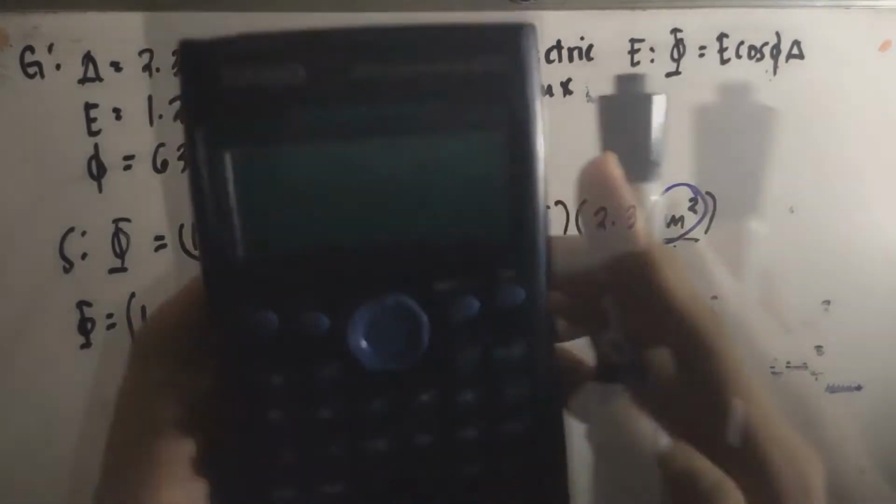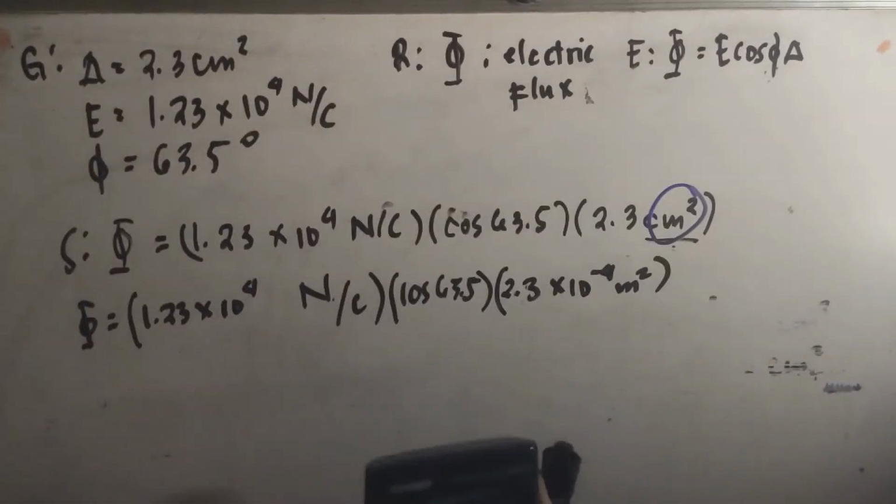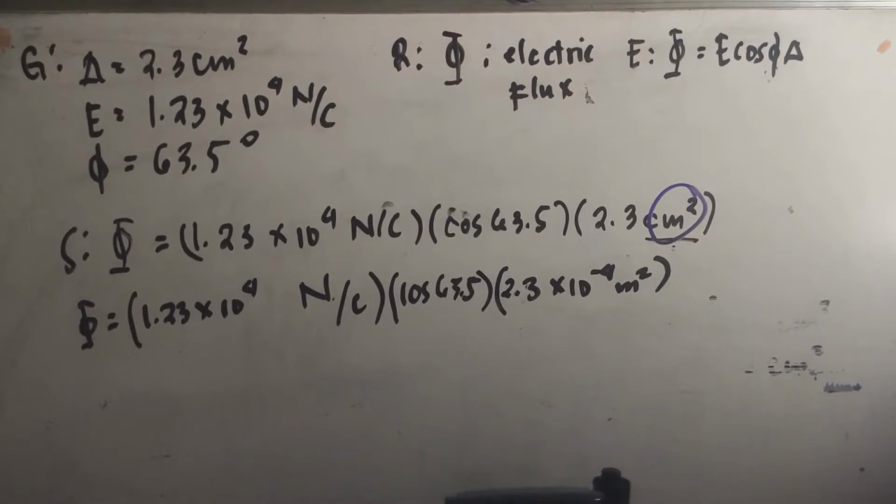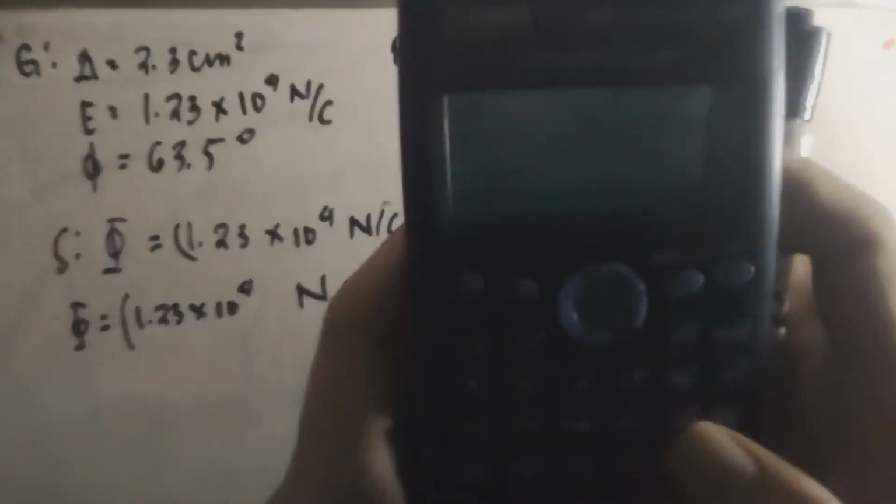So I'm going to input it first, then show it to you. So that would be 1.23 times 10 raised to 4 times cosine 63.5 times 2.3 times 10 raised to negative 4. Alright, so it would look something like this.